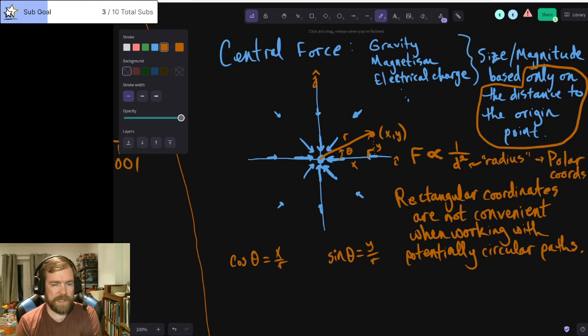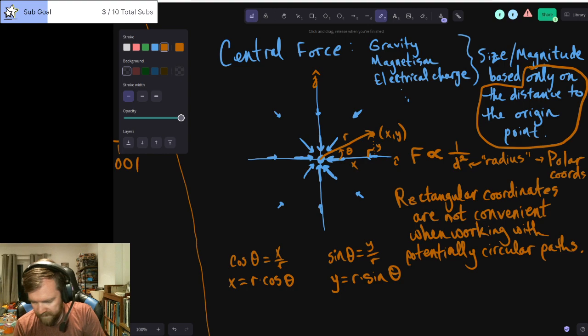Naturally, if we're starting from rectangular coordinates, then x can be r times the cosine of theta, and similarly y is r times sine of theta. Sorry, I'm trying to reverse engineer something.